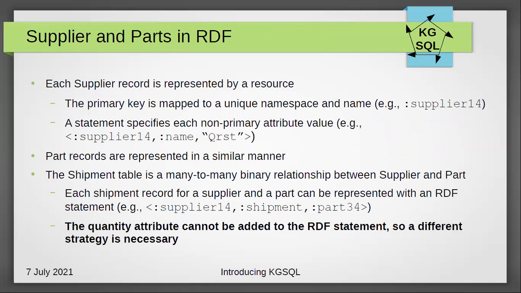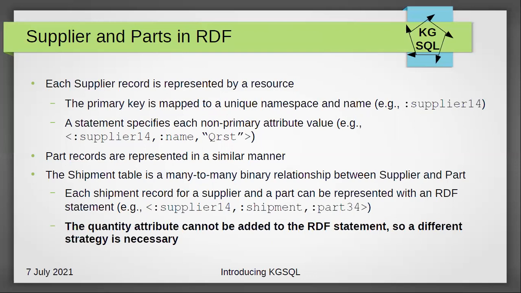So its primary key in effect is mapped to this unique namespace and name. And a statement then specifies each of the non-primary attribute values. So QRST is the name of this supplier.